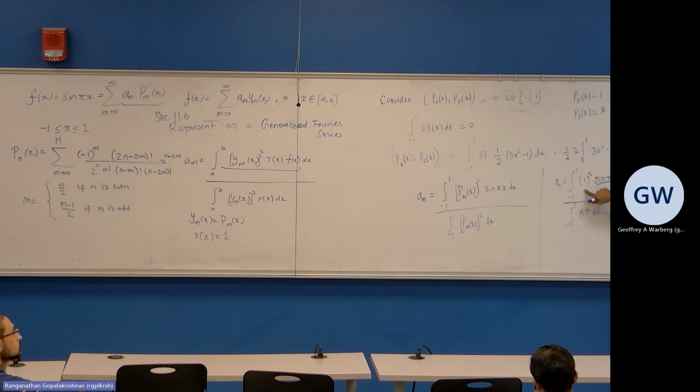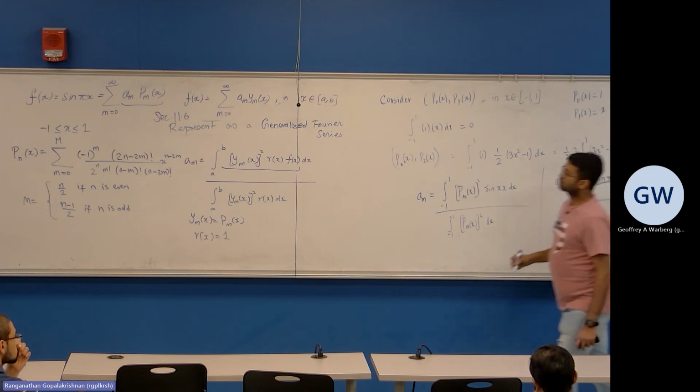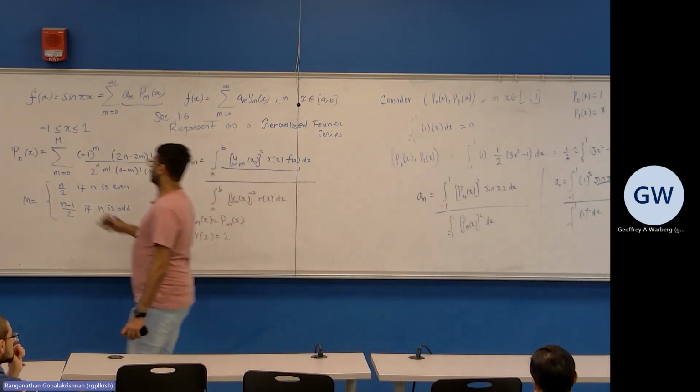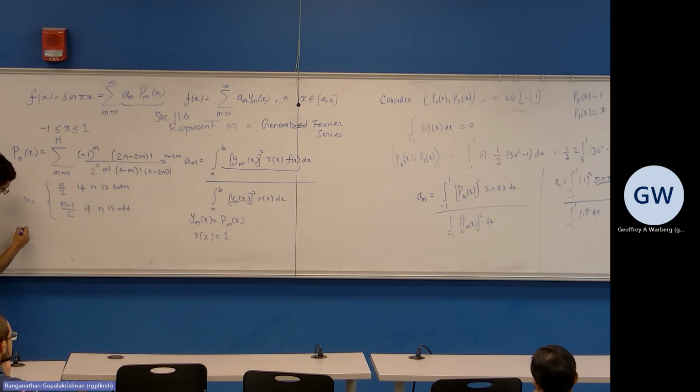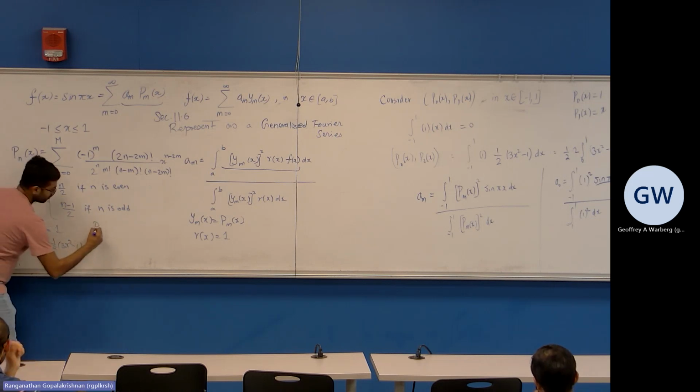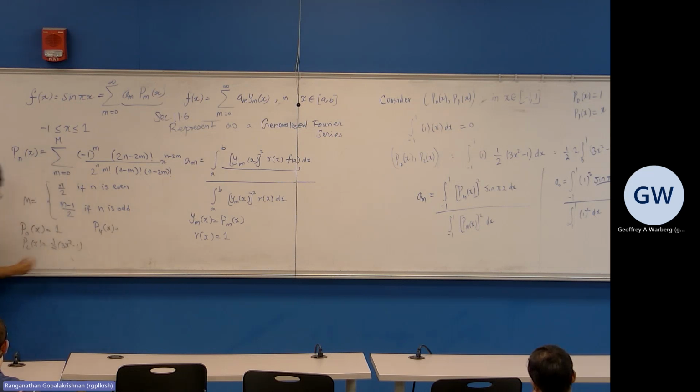P0, P2 and P4, all even values are going to be zeros, right? Because if you write out the Legendre polynomials, P0 of x is 1, P2 of x is half of 3x squared minus 1. What is P4 of x, if I can look up and write?